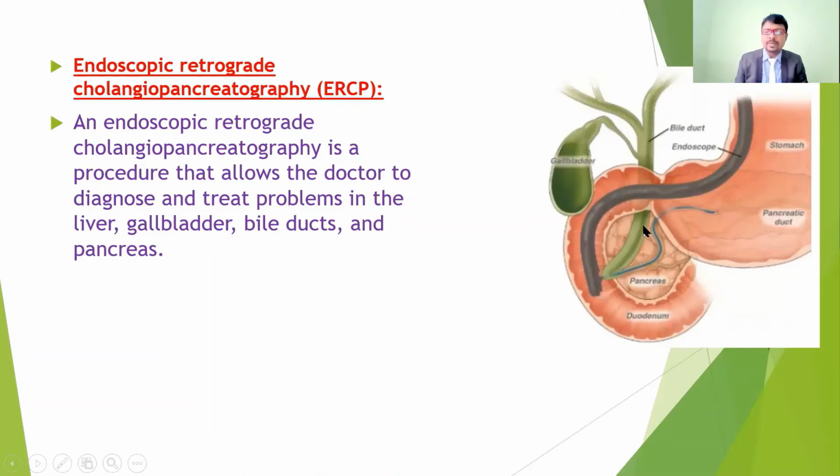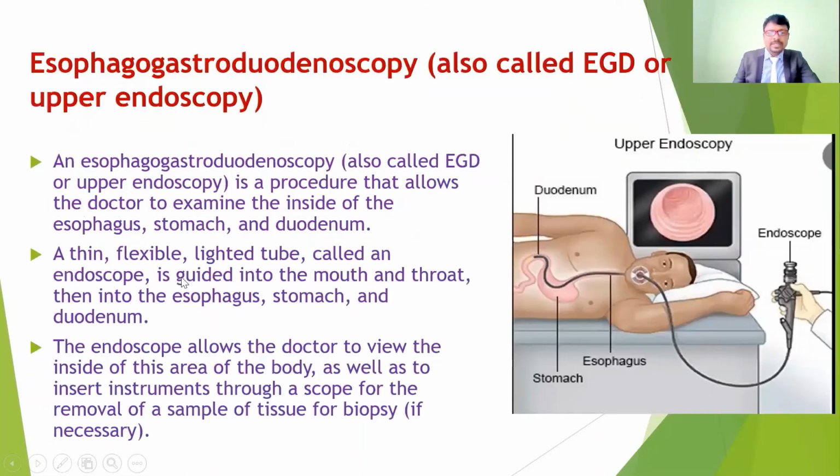It enters toward the gallbladder, the bile duct and the pancreas. If there is any abnormality, tumor or stone formation, we can identify it with this cholangiopancreatography. These are identified with special investigation methods.